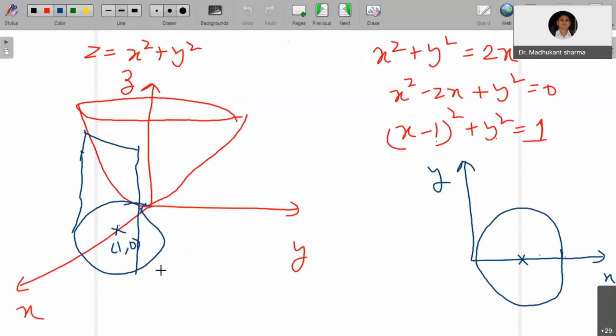And what is the theta limit? Can anyone tell?